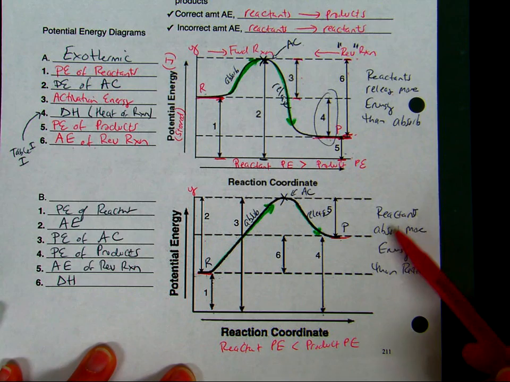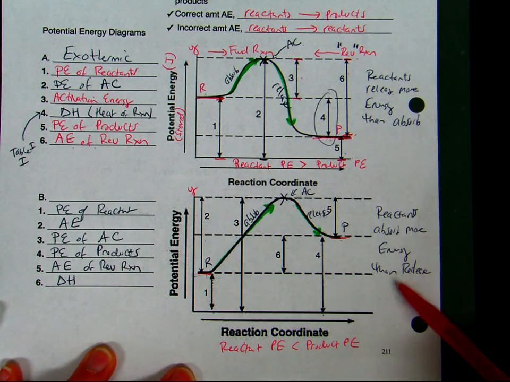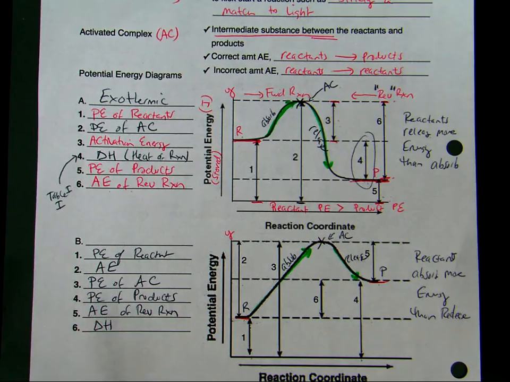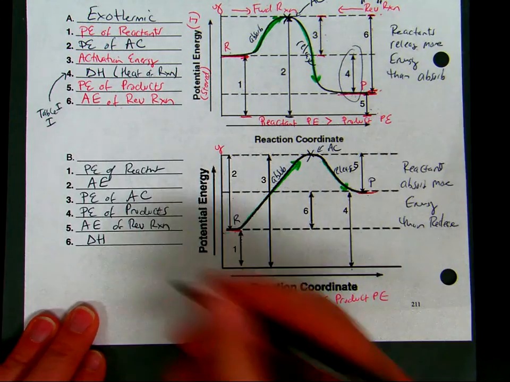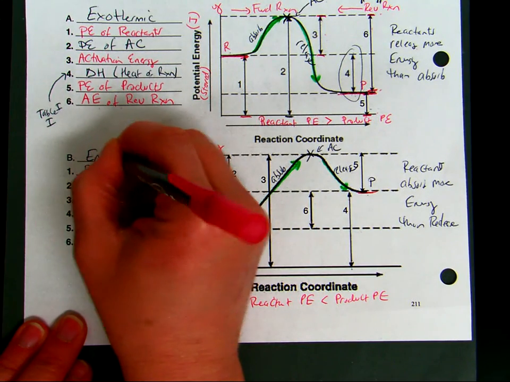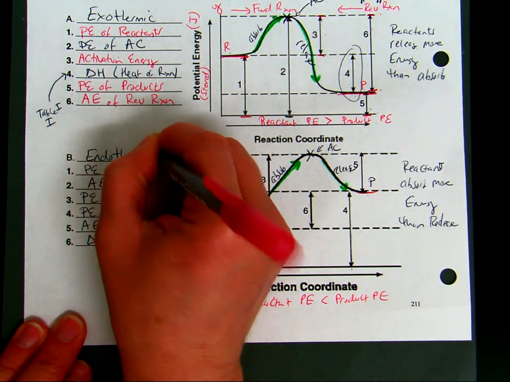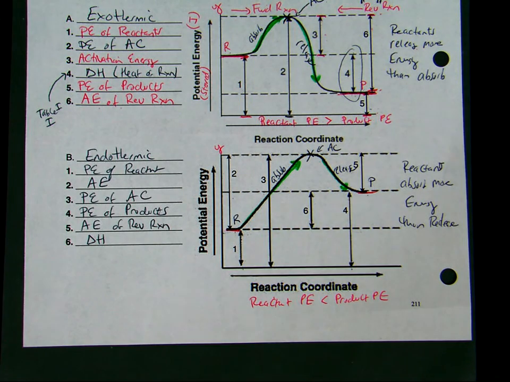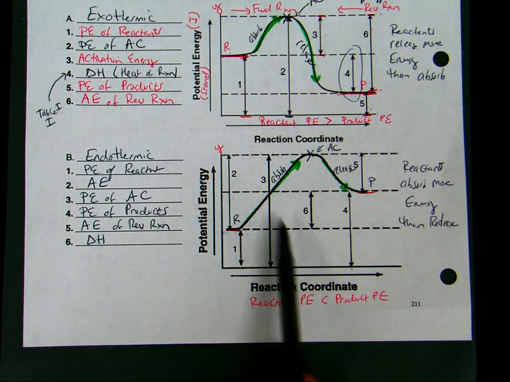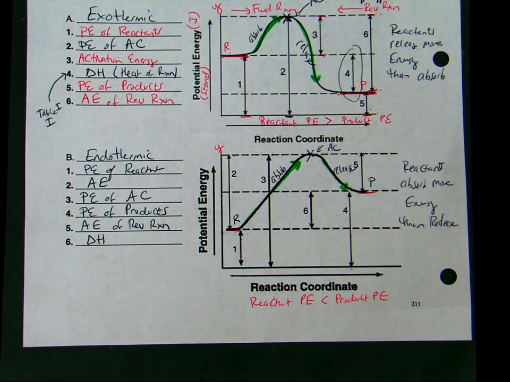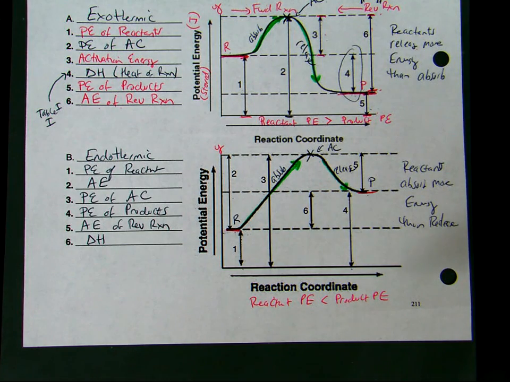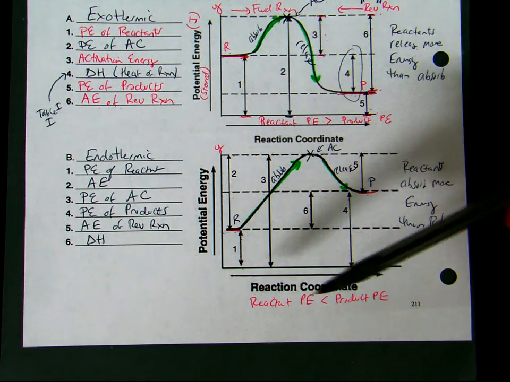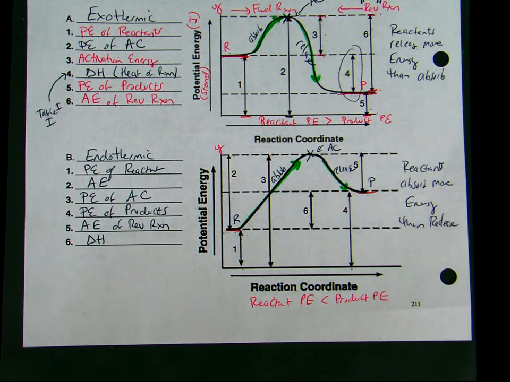So overall, since the reactants had to absorb more energy than they released, this diagram overall would represent an endothermic process. Be able to label any arrows on any PE diagram, identify if it's endo or exothermic, and be able to compare reactant and product potential energies.